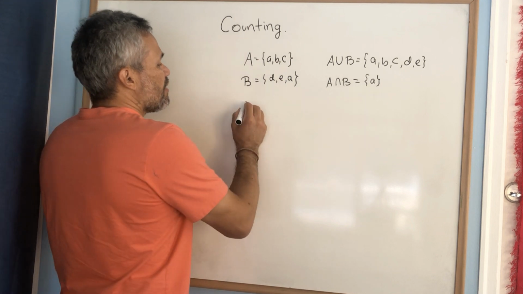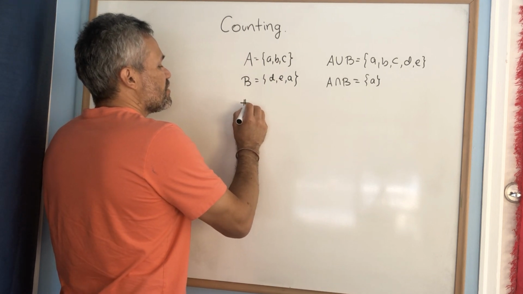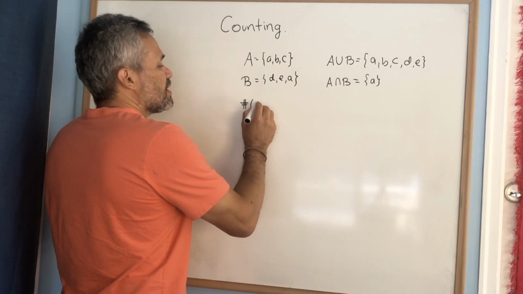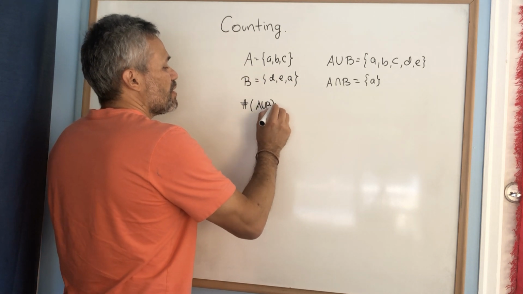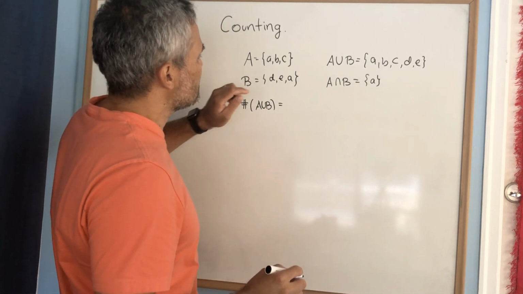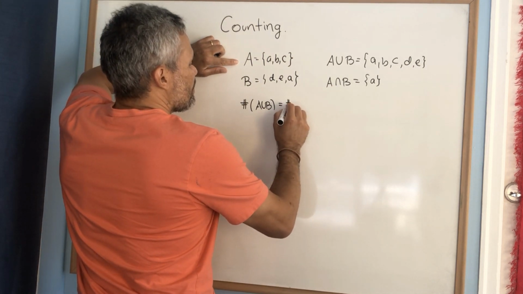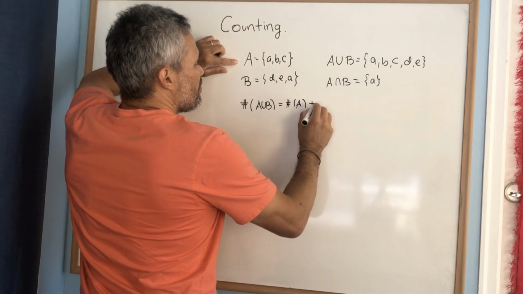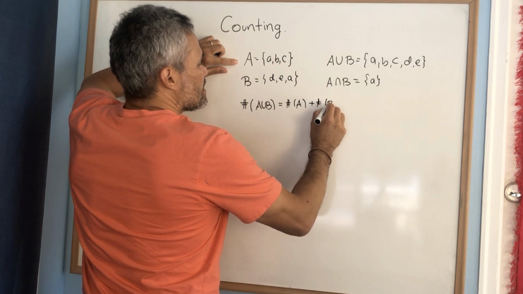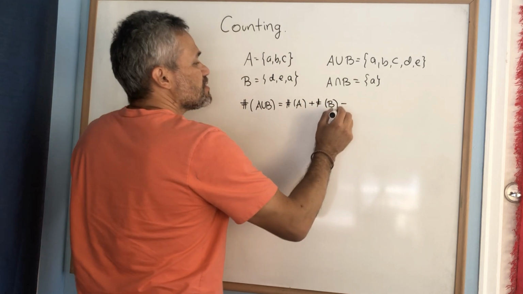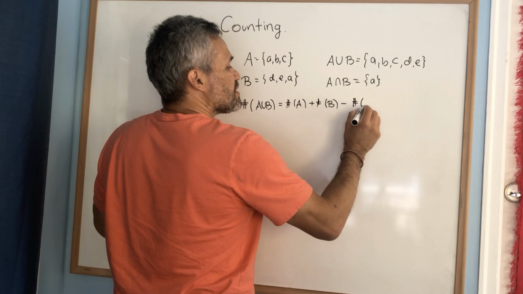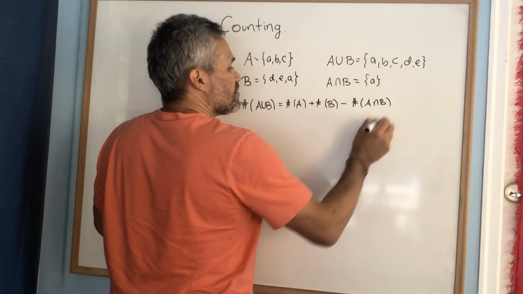And then we can see that the number of elements in the union is going to be 5, but the reason for that 5 is that it is the number of elements in A plus the number of elements in B minus the number of elements in the intersection.